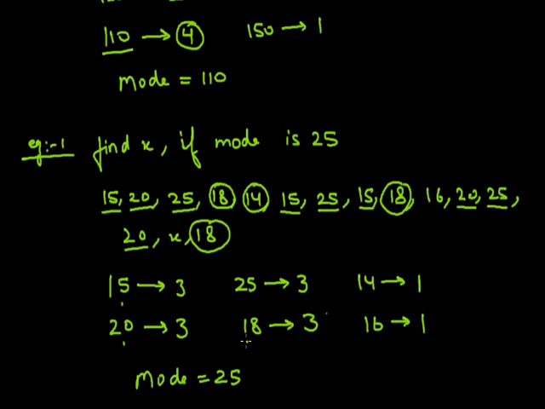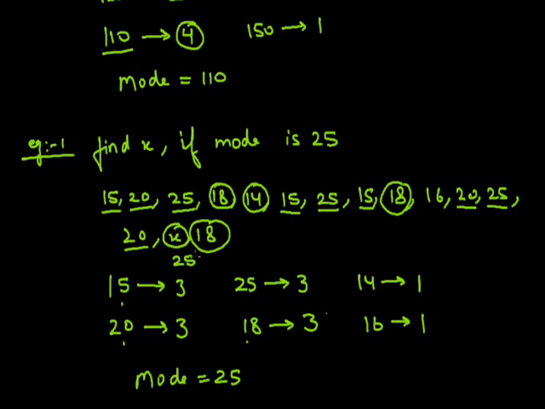It means that 25 should have the maximum frequency if the mode is 25. So the value of x should be 25, because if the mode is 25, it means 25 has the maximum frequency.